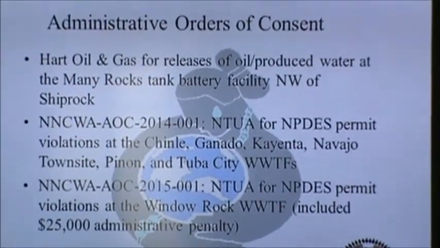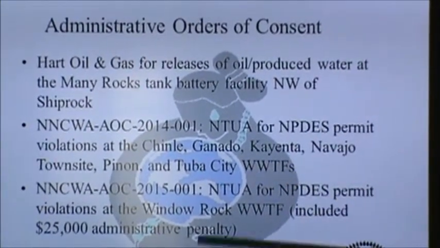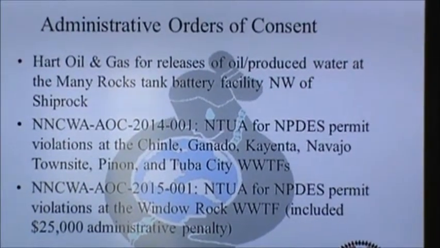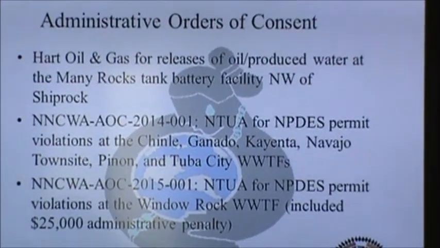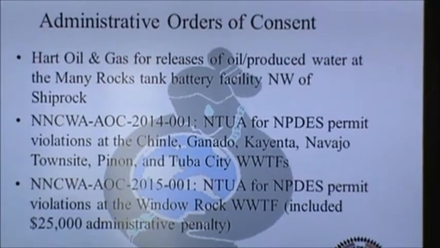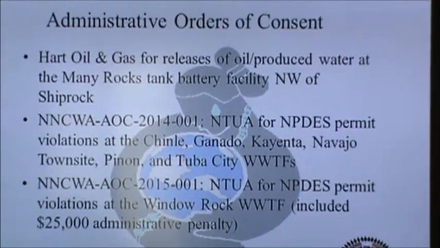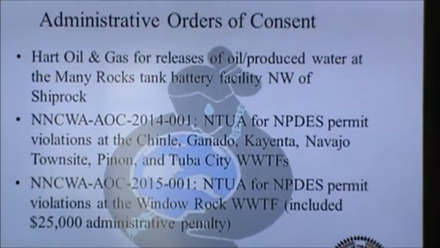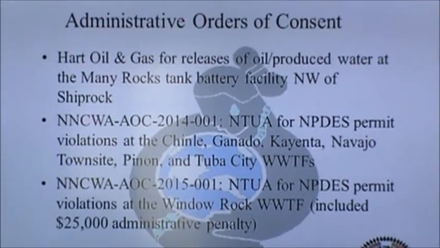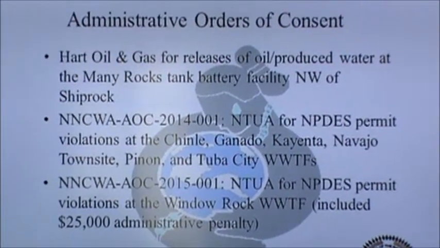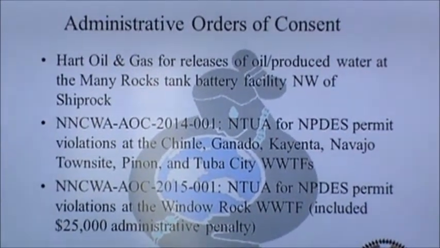And the second, the bottom two, are basically what gets NTUA: they were not meeting their EPA permit. When you get an EPA permit, you're supposed to meet certain limits or standards when you release your water. You're supposed to test it and make sure that it meets limits. And they weren't meeting limits for a lot of their facilities.